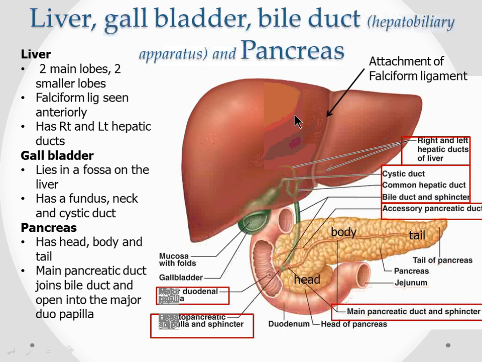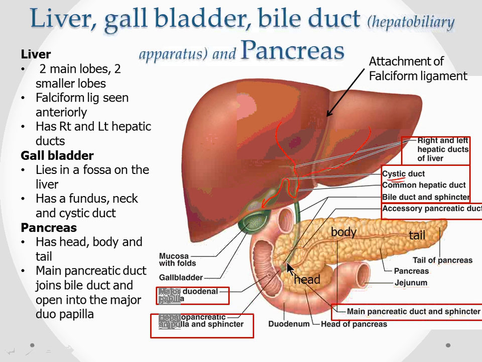So bile comes from the liver, goes down these hepatic ducts to the common hepatic duct, and then through a duct it goes into the gallbladder. This duct is known as the cystic duct. The duct of the gallbladder is called the cystic duct. So why does bile go into the gallbladder? Because the gallbladder stores the bile and concentrates it about 50 times.